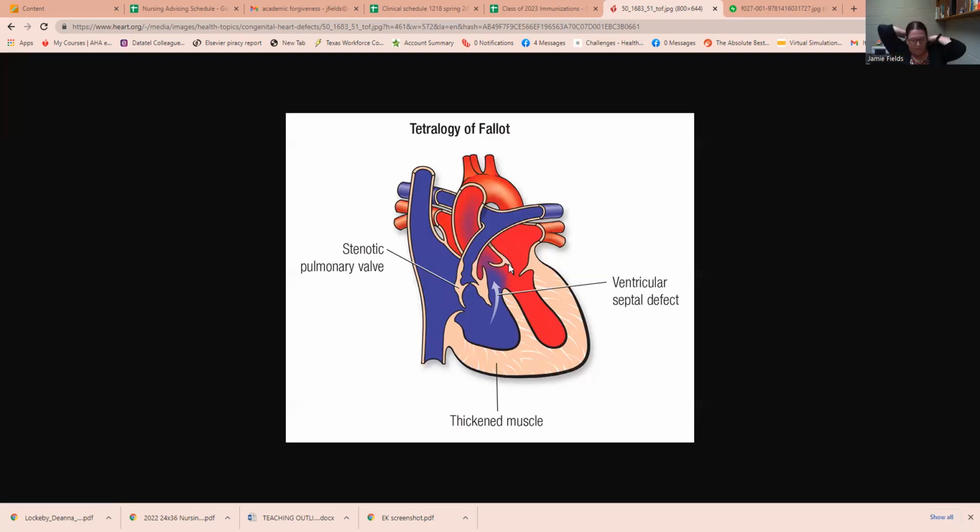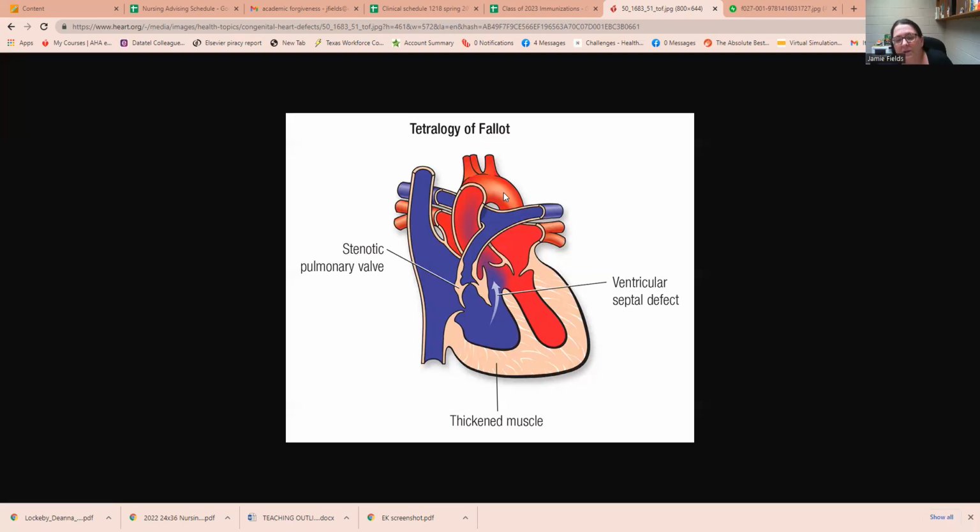So what do you think happens when you have blood that's not oxygenated and needs to get to the lungs, okay? This valve is really tight, so it's hard to get through. We've got a really convenient opening here that goes straight to the aorta to send it out instead.